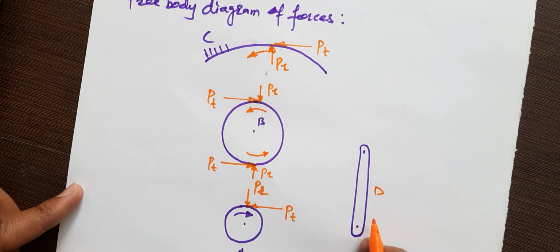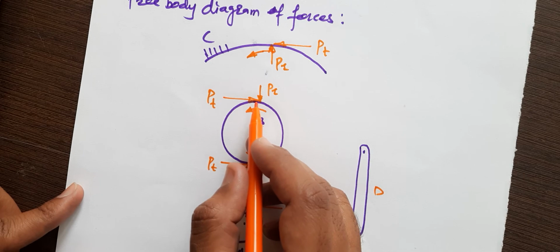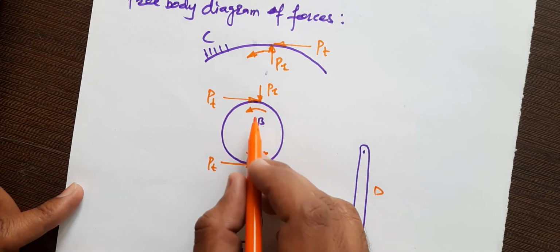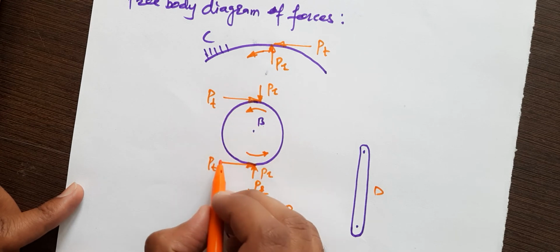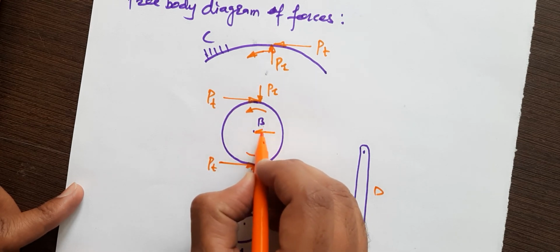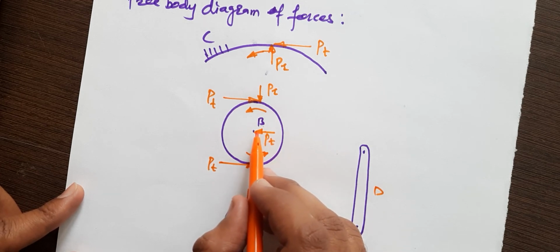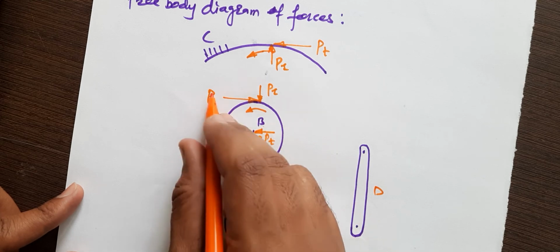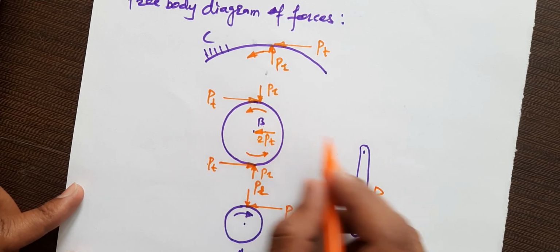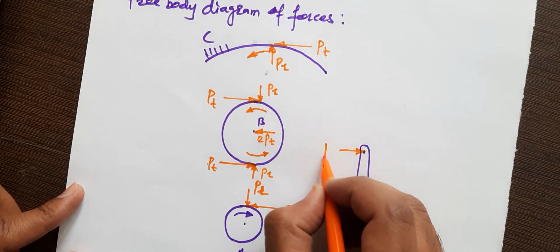Now we'll talk about arm D. There are two tangential forces, and the reaction force will act here like this. So this plus this, 2 times PT, will act on arm D in this direction.